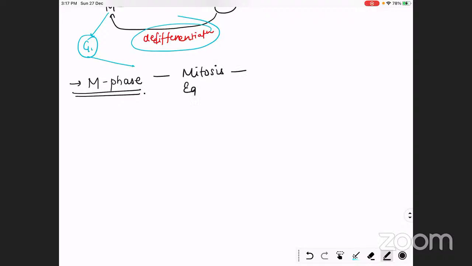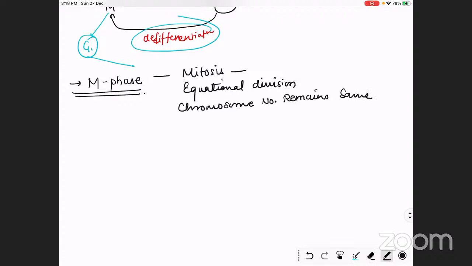Mitosis is also known as the equational division in which the chromosome number remains the same. So how is it possible for the chromosome number to remain the same in the daughter cell? For that we have to see the process. Okay, so mitosis has four phases.